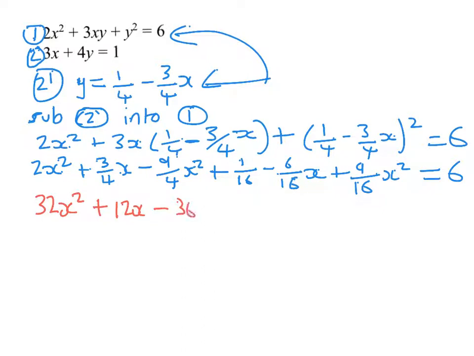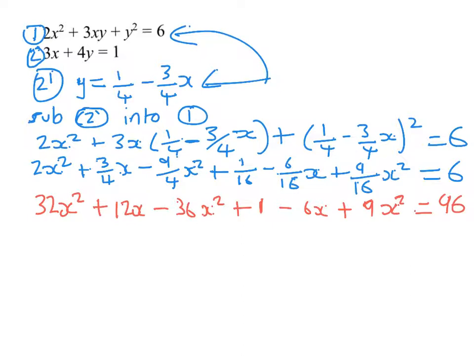So 36x squared plus 16 times 1/16 is 1 minus 6x plus 9x squared equals 96. Well, why did I choose 16? Because you look at the denominators, 4, 4, 16, 16. Multiplying by 16 will get rid of those. 4 goes into 16 and 16 of course goes into 16.